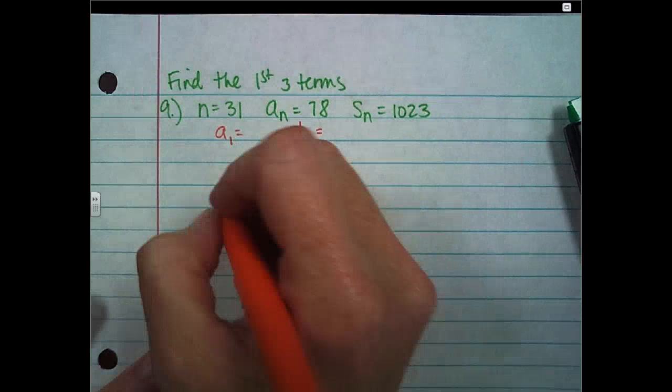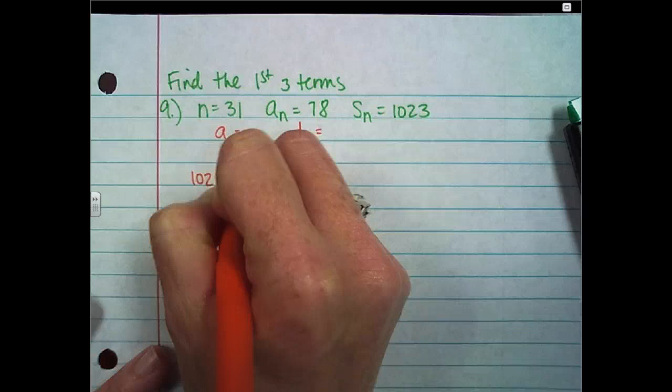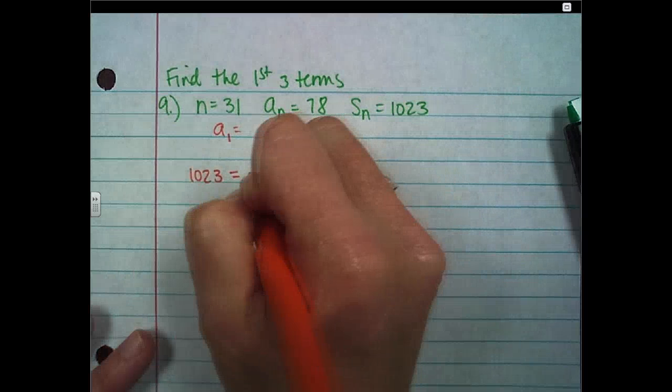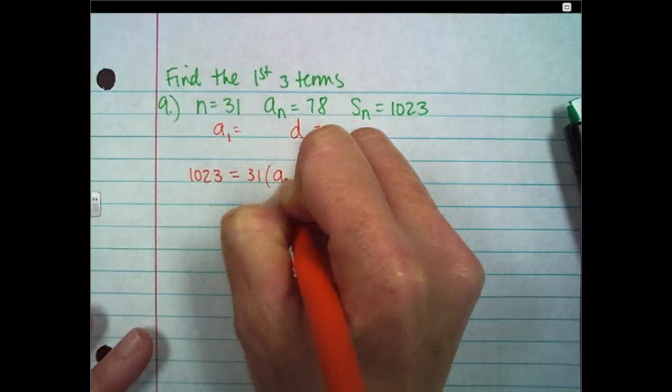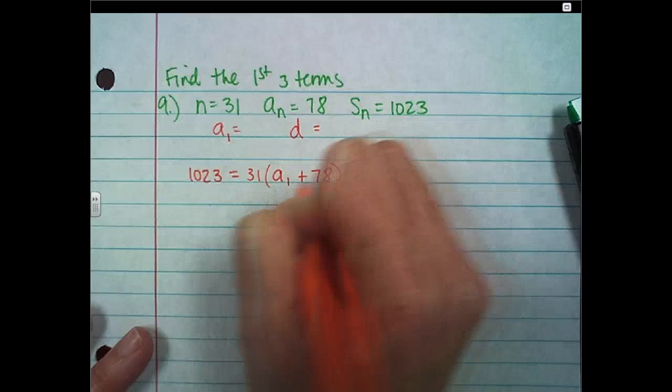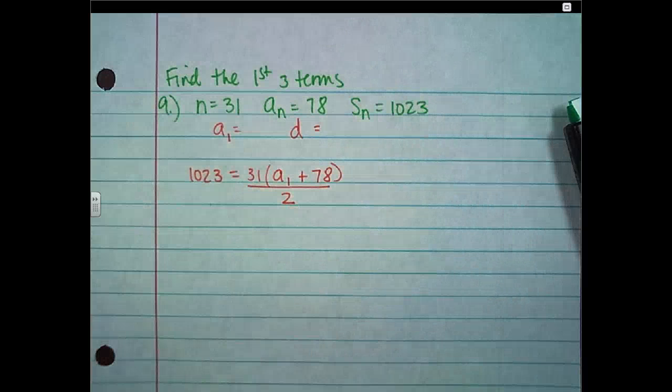So I know 1023 equals your n, which is 31, times A1 plus, I know AN is 78, divided by 2. And that will give me A1 at least. And then when I get A1, we'll move on from there.